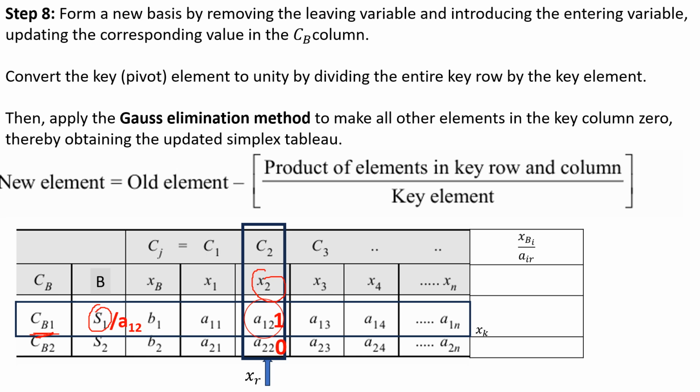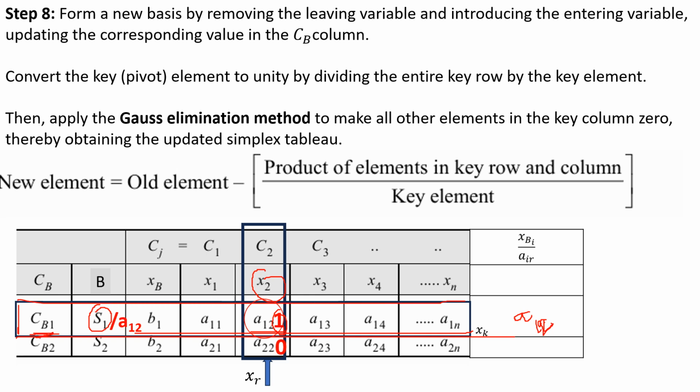After that, convert the key element to unity by dividing the entire row by the key element. Let's consider here A12 is the key element. Then divide this complete row by A12.